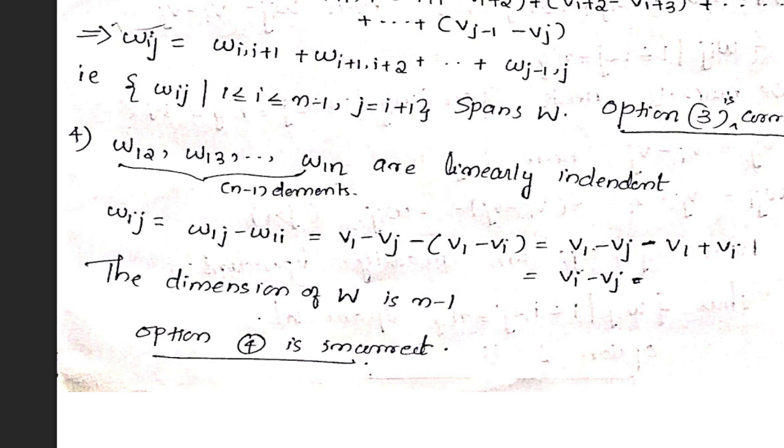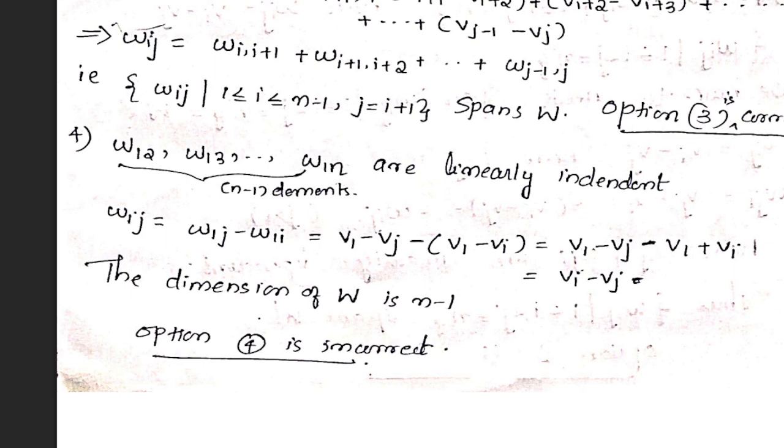These elements are linearly independent because W12 is what? V1 minus V2. W13 is V1 minus V3 and etc. W1n is V1 minus Vn. We know that V1, V2, etc., Vn are linearly independent. Therefore, these elements are linearly independent.